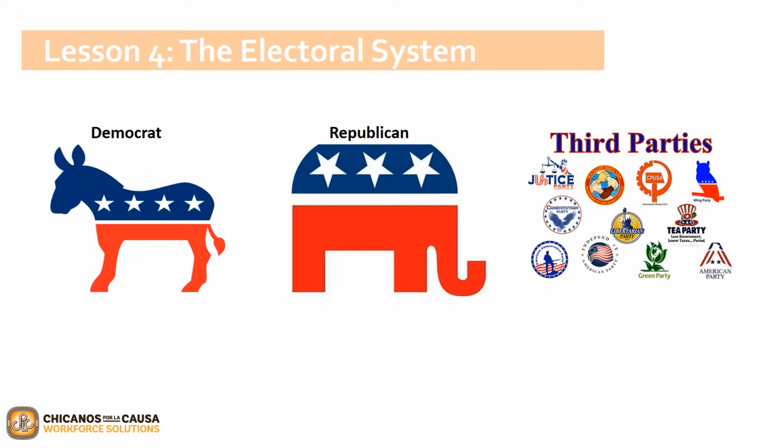There are many voters in the United States who do not agree with either Democrats or Republicans, and they consider themselves independent. They prefer to support a third party. In past elections, third-party candidates like Ralph Nader and Ross Perot have garnered enough support that they influenced the outcome of elections.